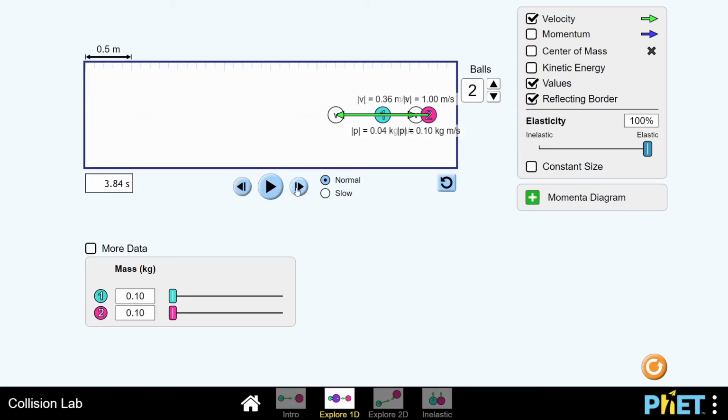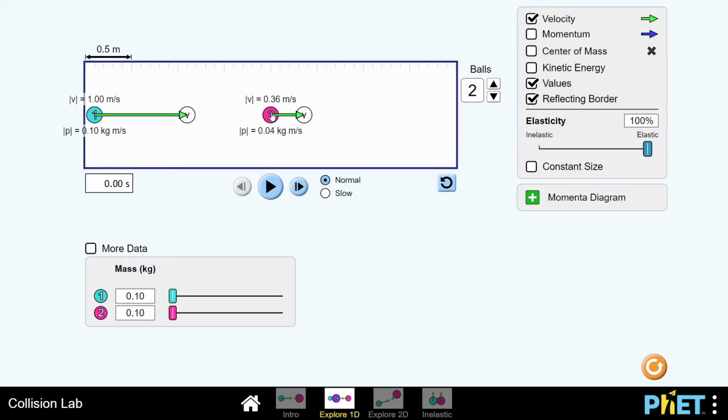Bam. Let's go back. We have a single collision at 3.64 seconds. The particle is far enough back for the first particle to ram into it basically before it runs into the wall. Now let's put it at 2.8 meters.